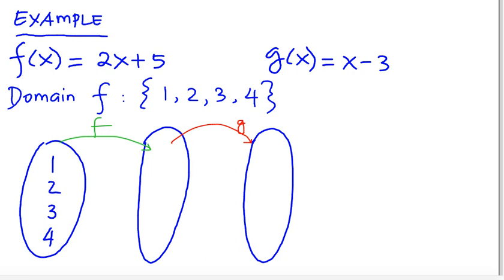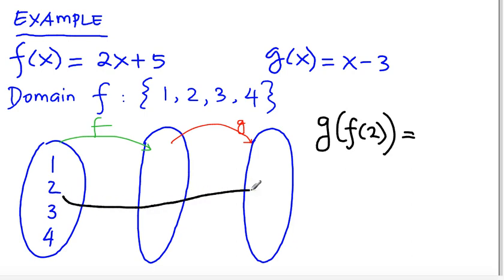We did 1 already, so if I want to start with 2 and I write down something like this, can you find me the composition function of f and g? If I start with 2, what will be this number here?